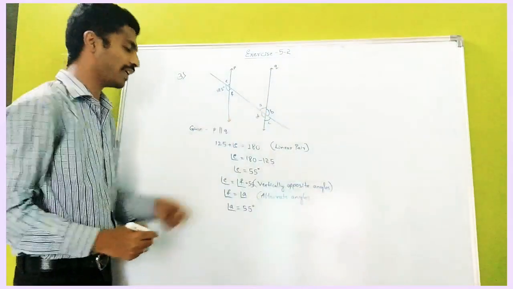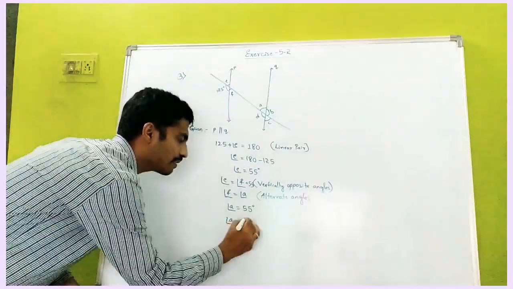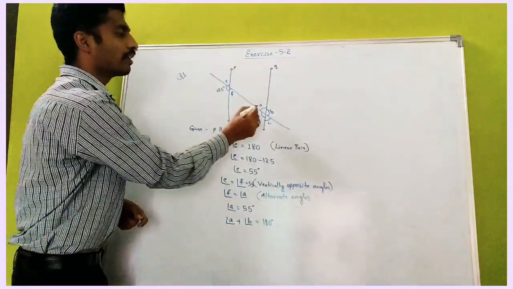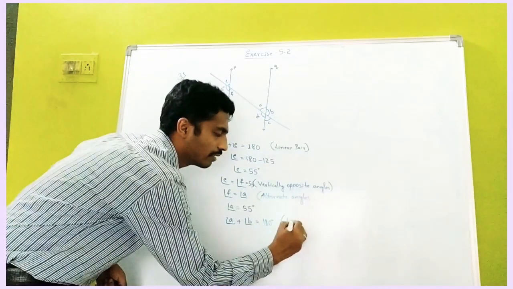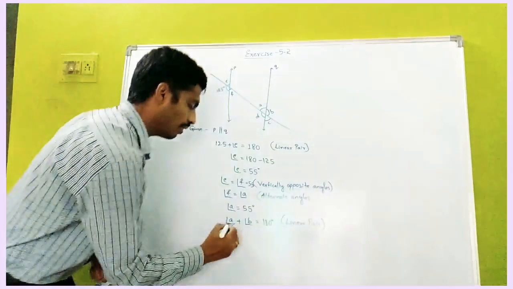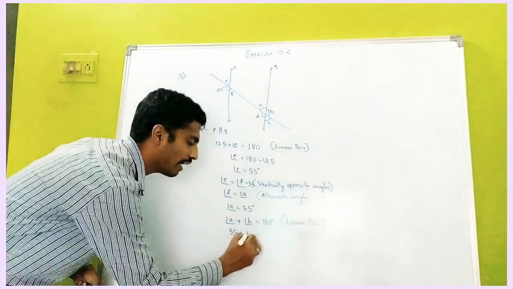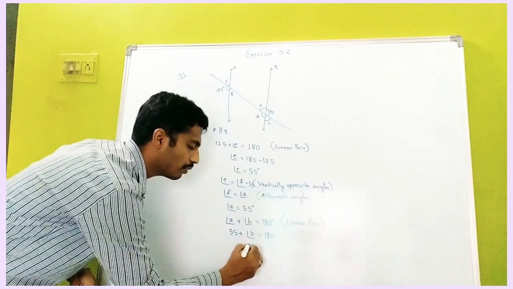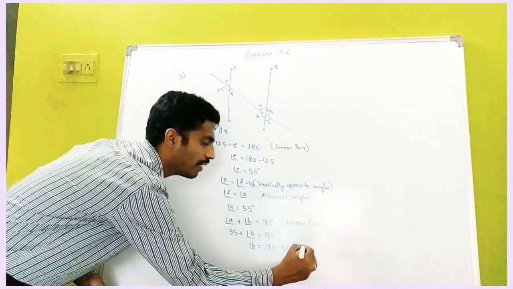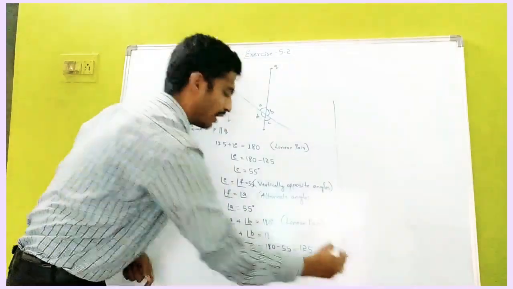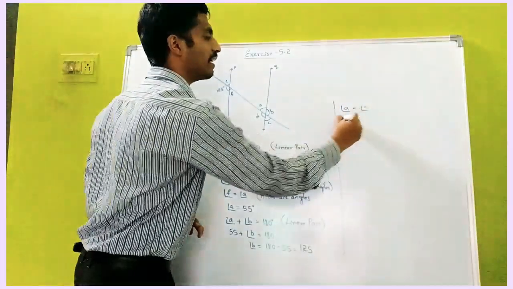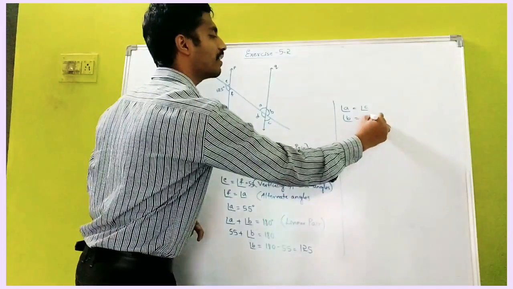Now A plus B, what will we get? A plus B gives us 180 degrees. Why? Linear pair. So A is 55, then angle B equals 180 minus 55. So here we will get 125. So B equals 125. Angle A is equal to angle C. Similarly, angle B equals angle D. Why?